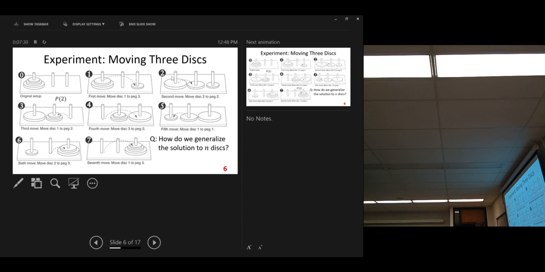Here you can see after we do so many steps, we get a P2 solution, a problem size 2 solution. After we get the P2 solution, we move the bottom disk. Then after that, we do another P2 solution. That's the typical procedure.